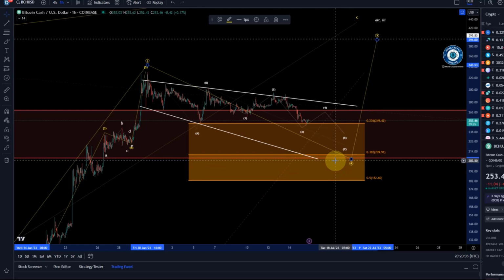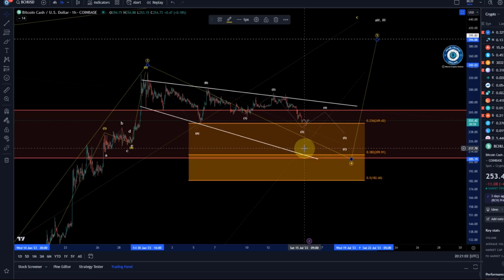It also gives me a view of where the most likely target for a 4th wave is. As I said, in this case, the 210 level. I think I stressed that already in the last video. Just because it's the most likely target doesn't mean it has to get there. But if I don't see any reaction to the upside, and I have an expectation that Bitcoin is going to go down a little lower, and we've had so far only the 23.6 Fib level, the 38.2 is likely still to come.